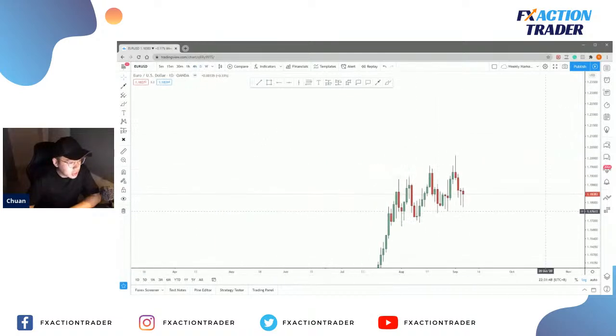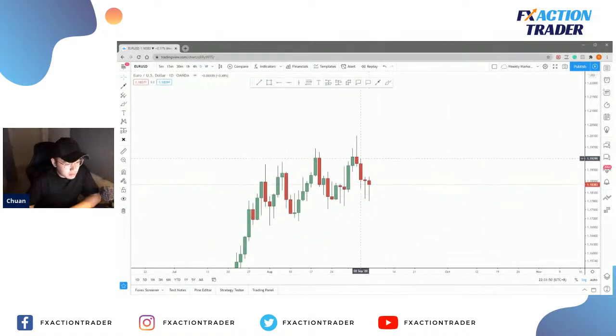And on the daily chart, we can see that we have 1, 2, 3, 4 days of bearish candles. But if you look carefully, the market is actually retesting this level, which is the previous market structure low.